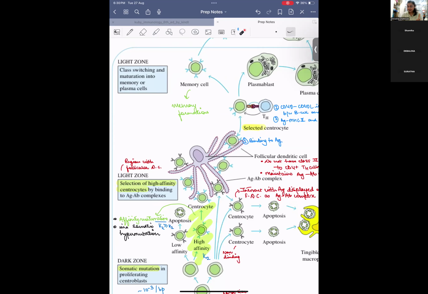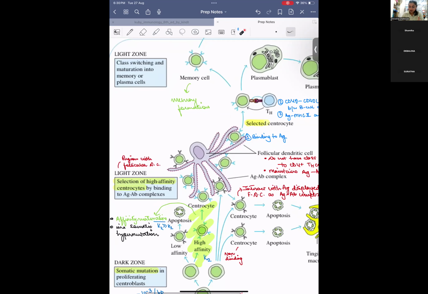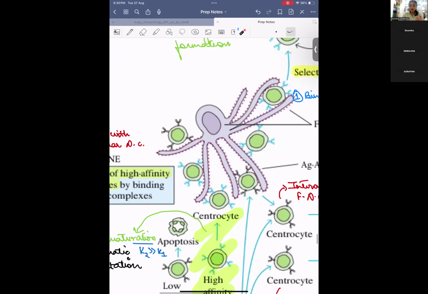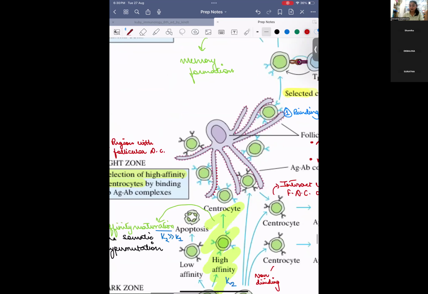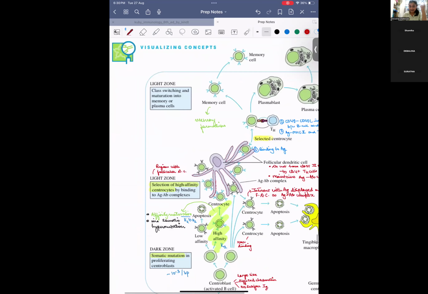So follicular dendritic cells, which are stationed inside the lymphoid organ, have the ability to express the antigen onto their surface. So these small red dots that you see over here are the antigens that are expressed by the follicular dendritic cells in the light zone of the germinal center.